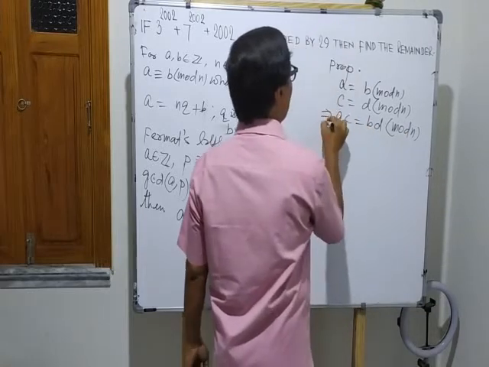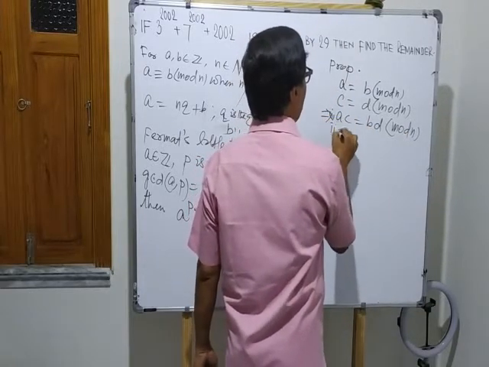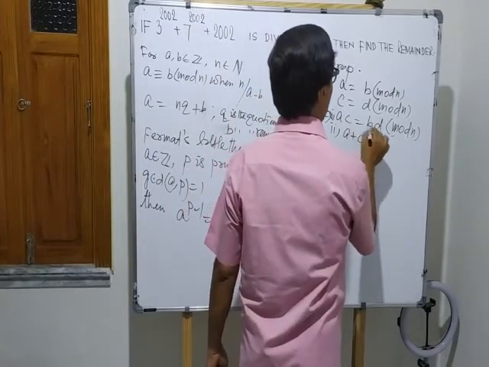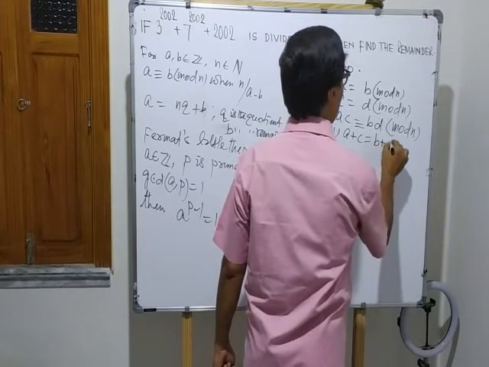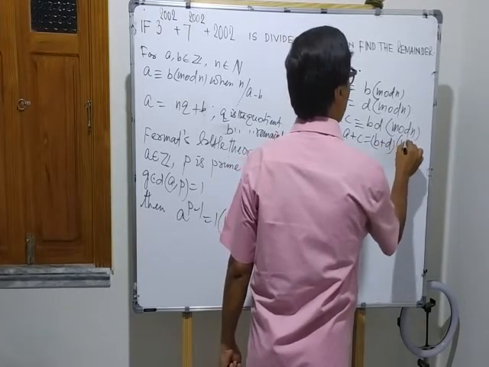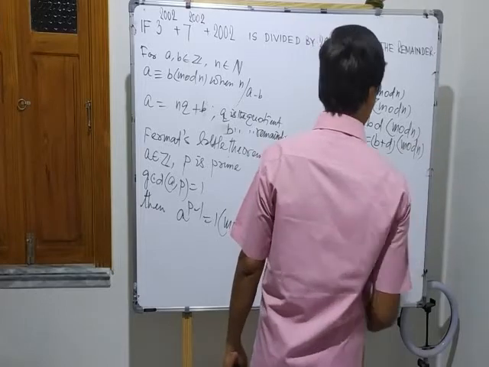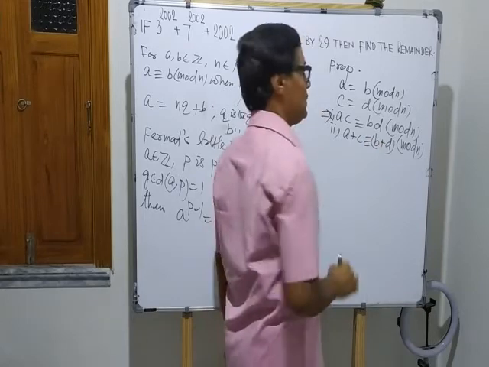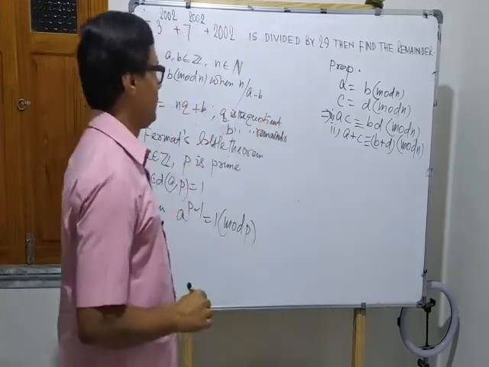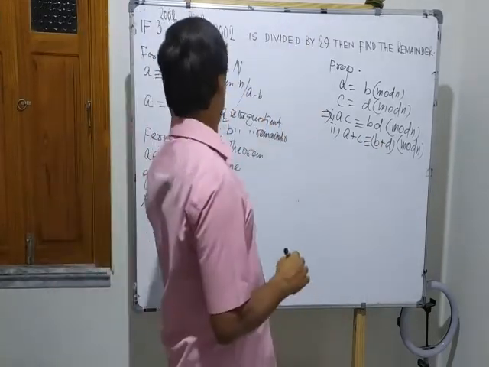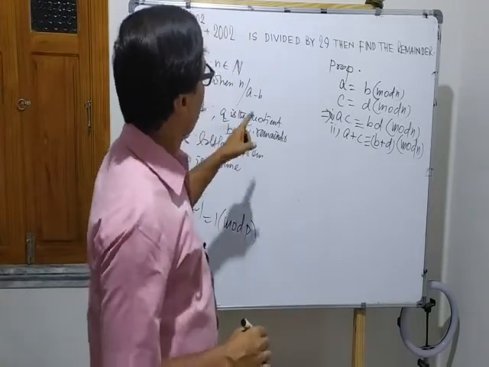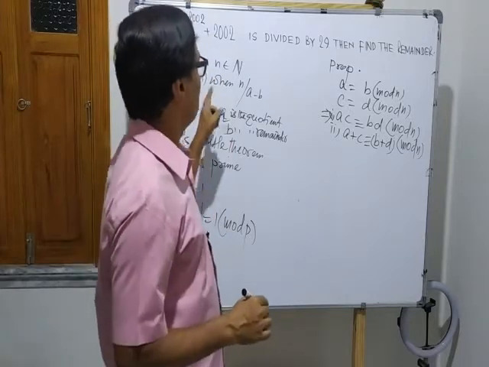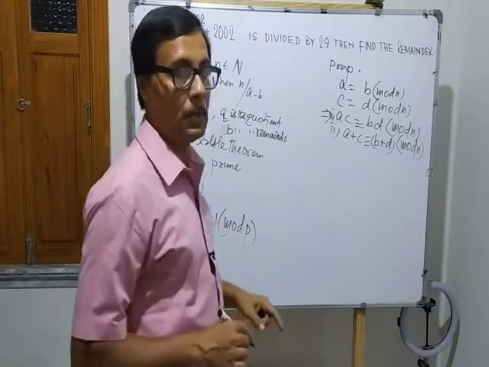The second implication is a plus c is congruent to b plus d modulo n. These are the properties, theorems and definitions with the help of which we can solve this problem.